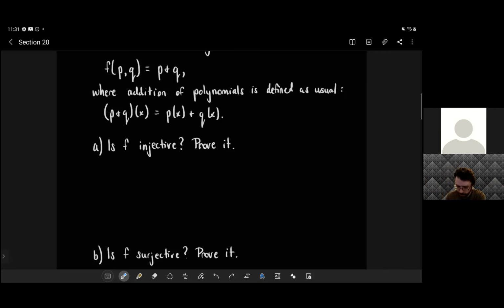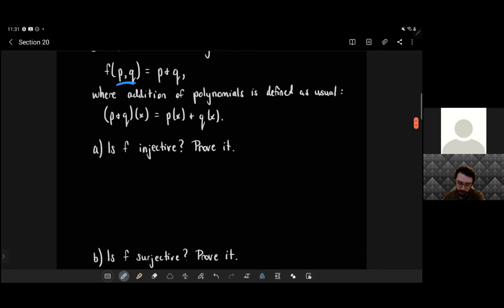Once you think of it in the right light, you're thinking, okay, injectivity means distinct pairs. Right, so P1, Q1 and P2, Q2 should map to distinct sums.